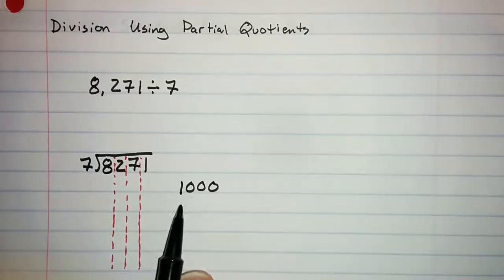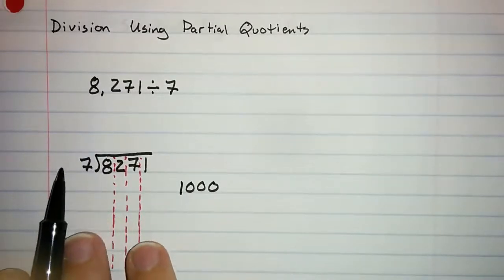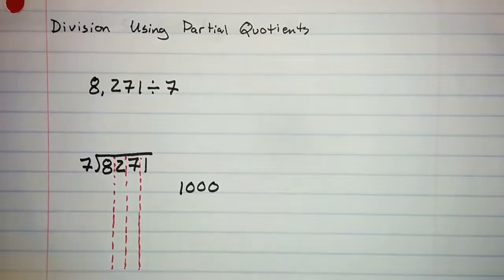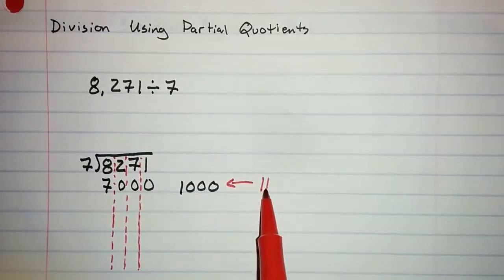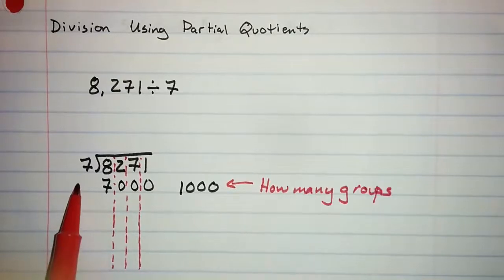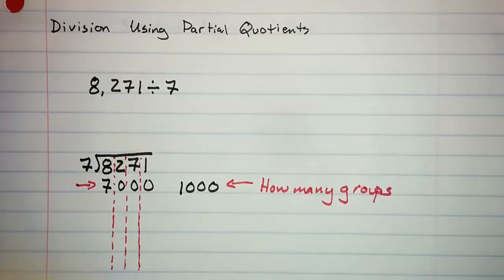If I make 1,000 groups of 7 things each, how many things do I use up? 7,000 things. So this number over here is how many groups, and this number here is how many of my things I use up.